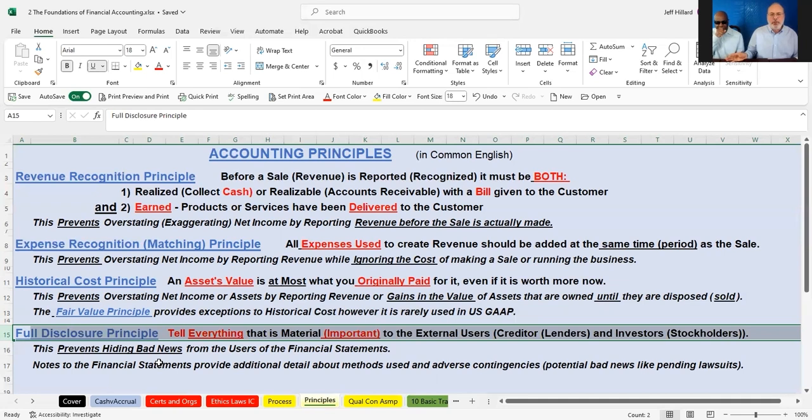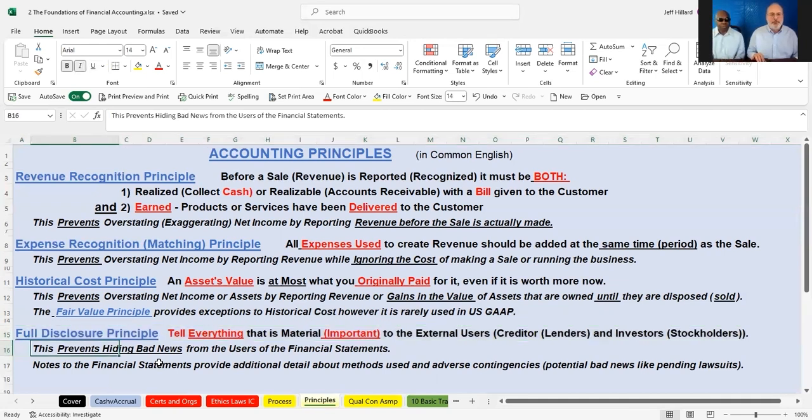Tell everything that's important, even if it's bad news. So this prevents hiding bad news from users in the financial statements or in the notes, which provide a lot of extra detail about these. So these are the big rules, and we're going to be hitting them as we go along in this whole chapter.